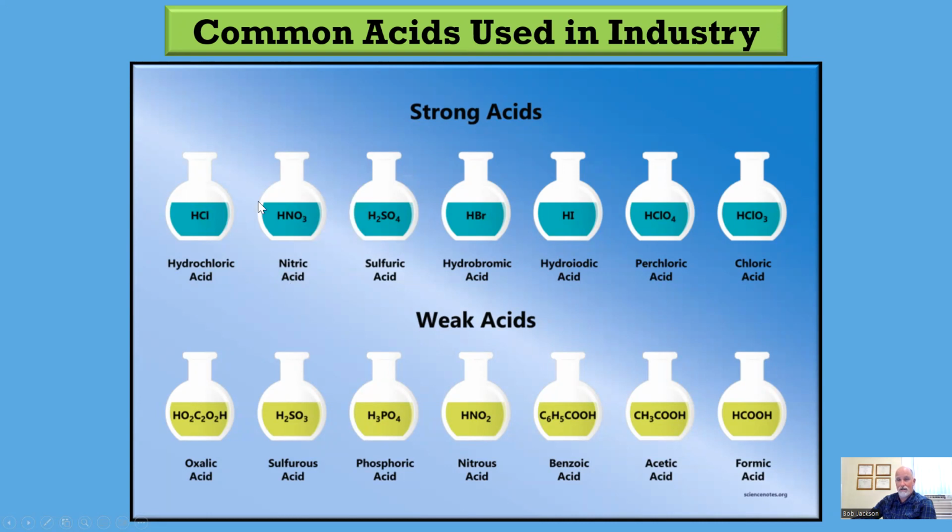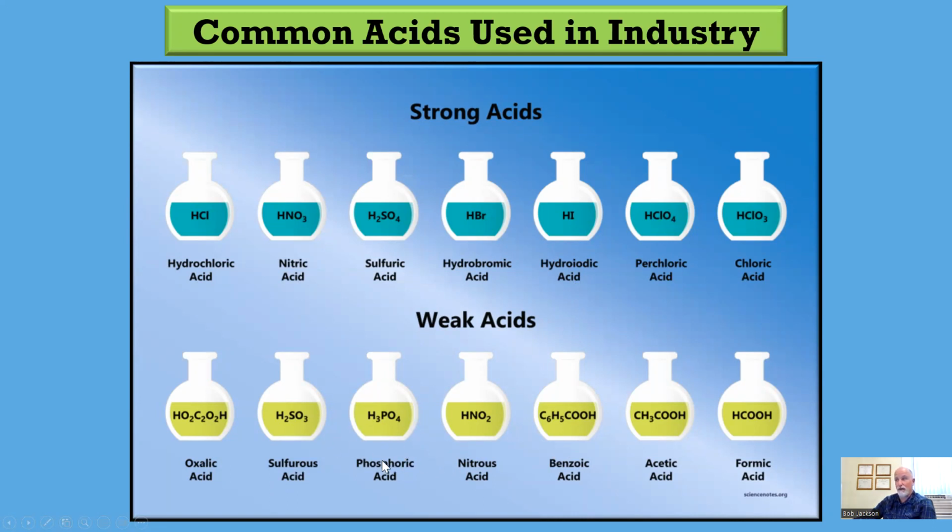Nitric acid's a big acid that's used in industry for several different processes. But then you have hydrobromic acid, hydroiodic acid, perchloric, and chloric acid. These are probably pretty common in industry above these two. Then you have several weak acids, like oxalic acid, sulfurous acid and phosphoric acid.